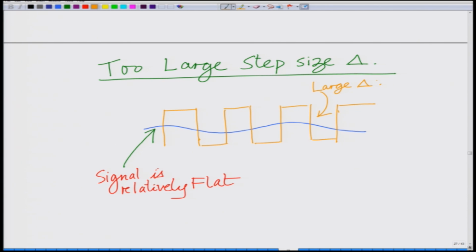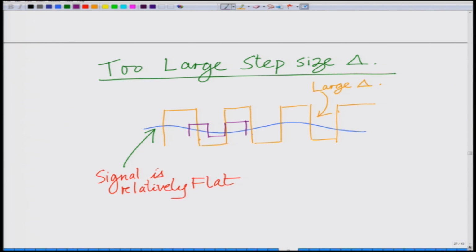So, the error between the staircase approximation and the signal is relatively large in comparison to, let us say, a smaller value of delta, which I am drawing with a different color over here.